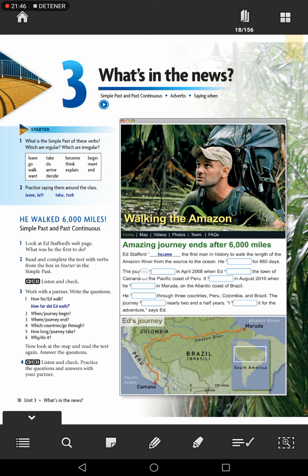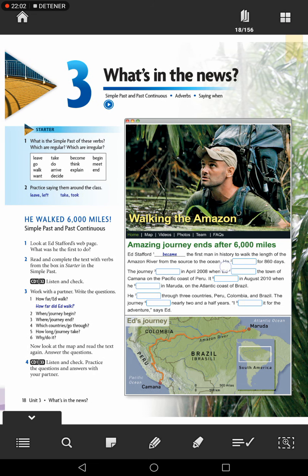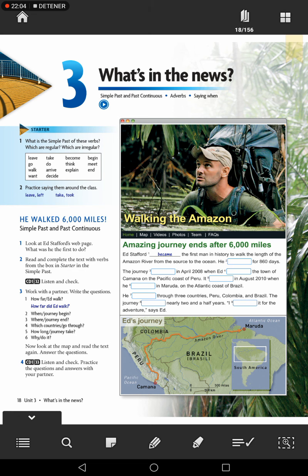It says, Ed Stafford became the first man in history to walk the length of the Amazon River from the source to the ocean. ¿Sí? Fue la primera persona que caminó, se convirtió en la primera persona que caminó la distancia del río Amazonas hasta su salida al océano. Eso es lo primero que dice la webpage.